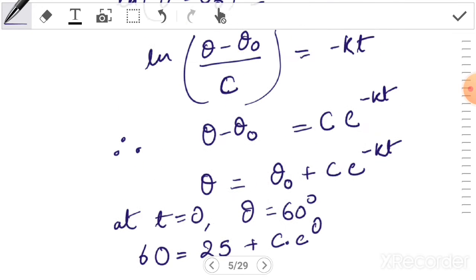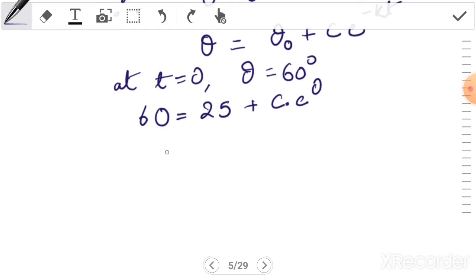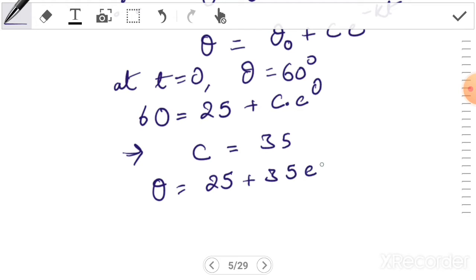So putting t is equal to 0 in this equation, we have c equal to 60 minus 25, that is 35. So θ is equal to 25 plus 35 e^(-kt).